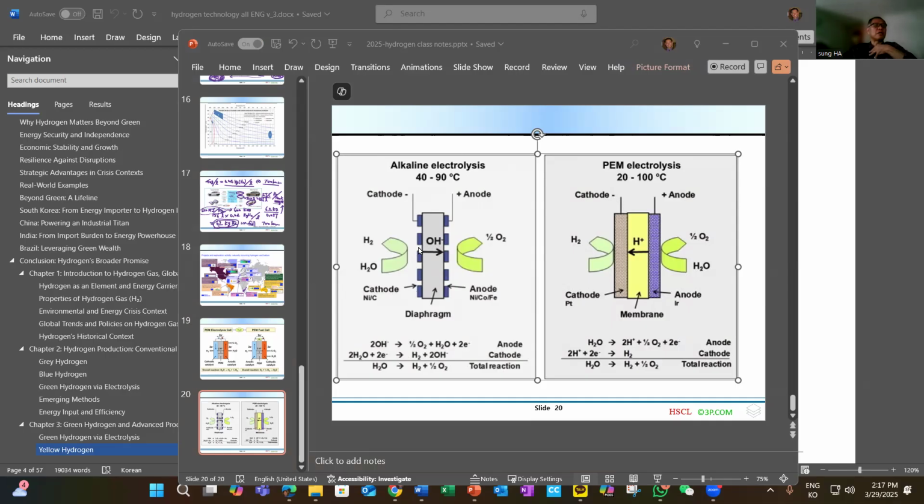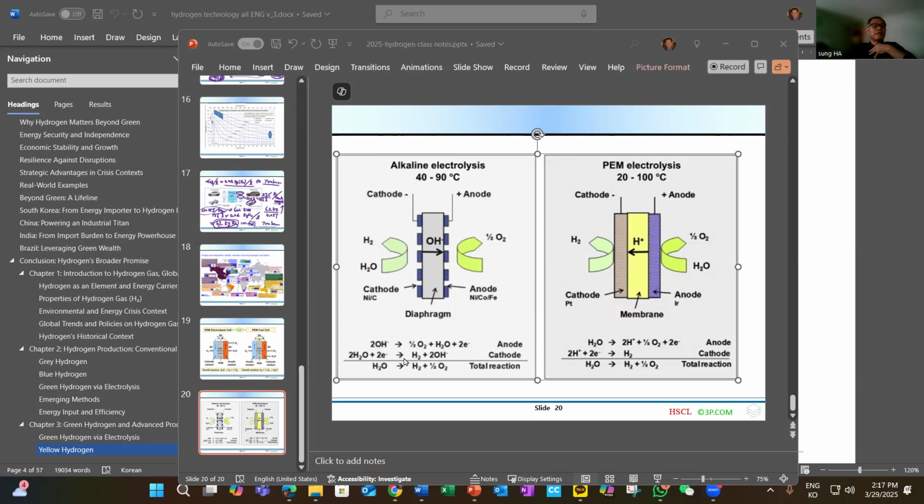OH minus goes into the anode side, and then it will be O2. That is what's going on at the anode side.